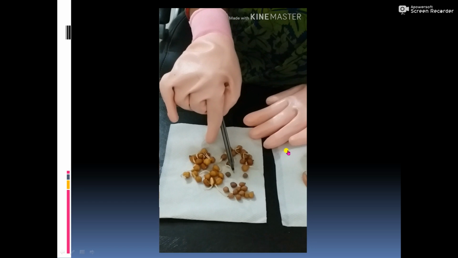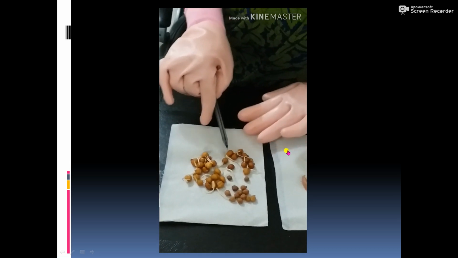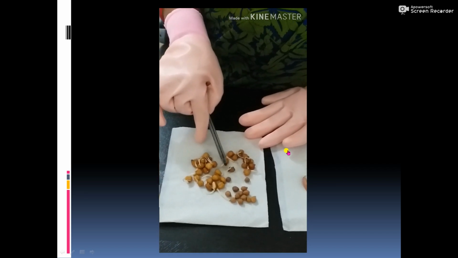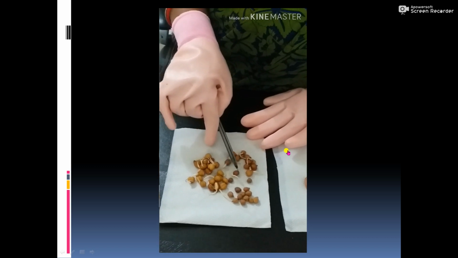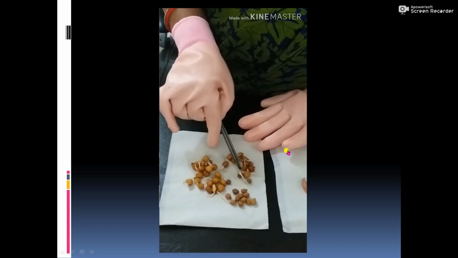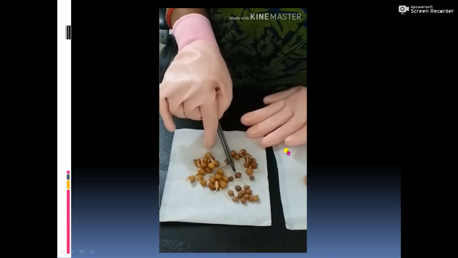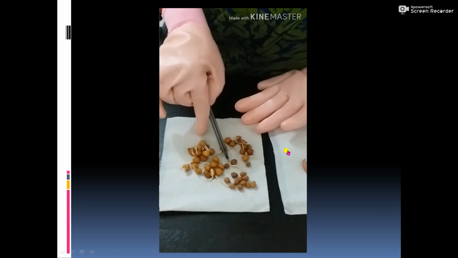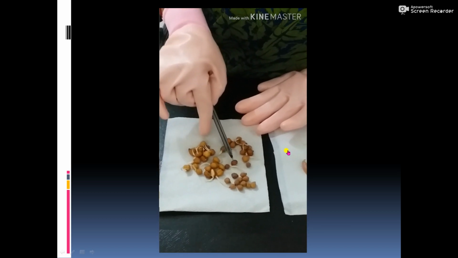So roots are developing here. After some days, the root is known as the underground part, and again the greenish part will appear from this side. Look here, this is very minute, and then this will form the seedling.